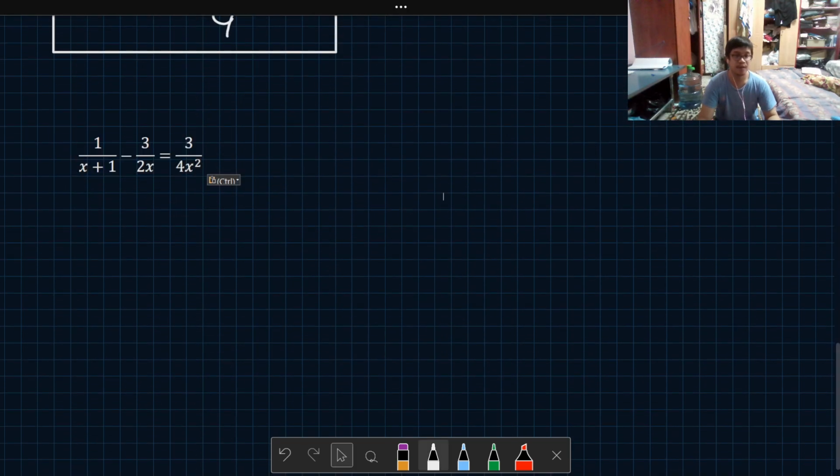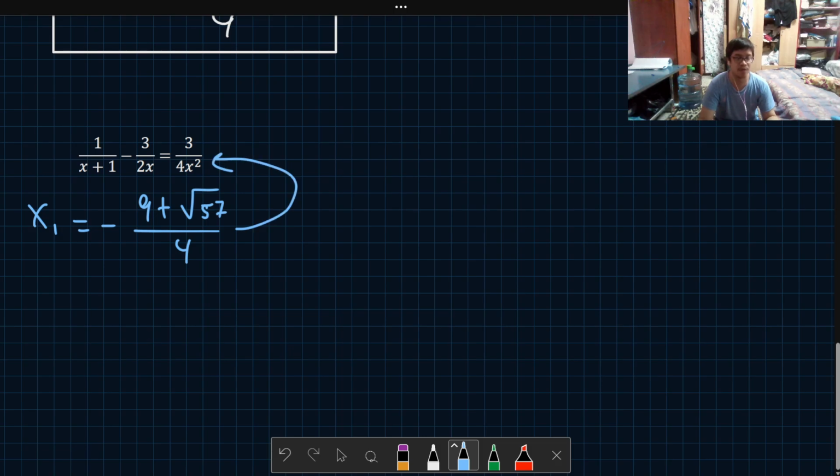Okay, here. So if I'm going to substitute x as negative 9 plus square root of 57 all over 4, let's take a look if we're going to have the same result on the left side and on the right side, right? So let me just give me a moment.